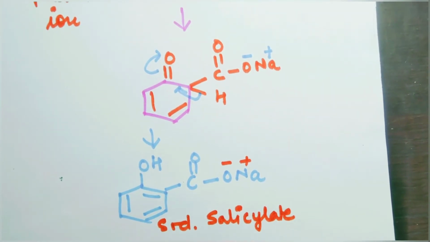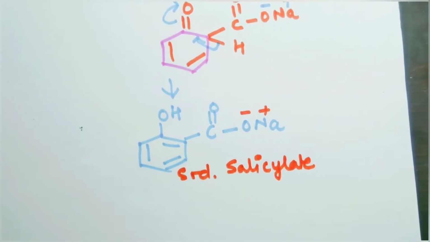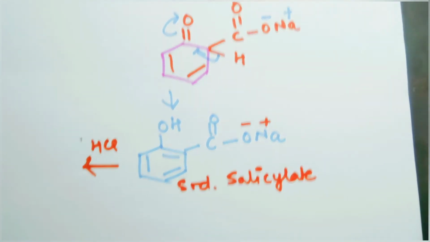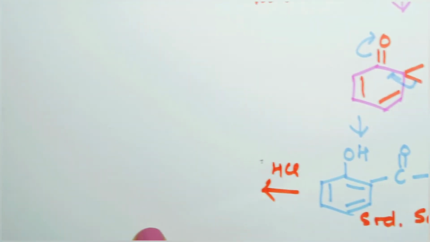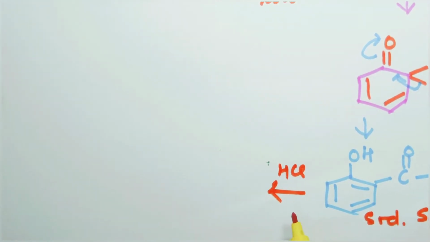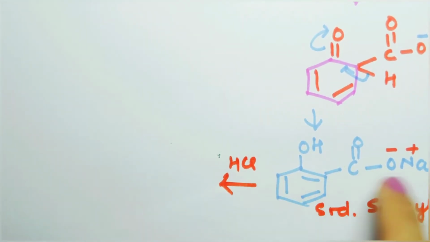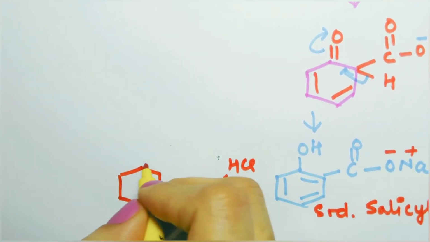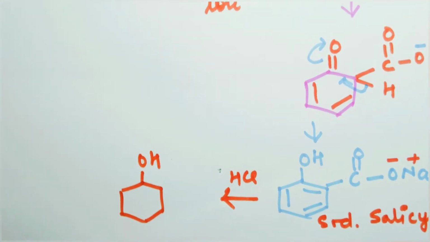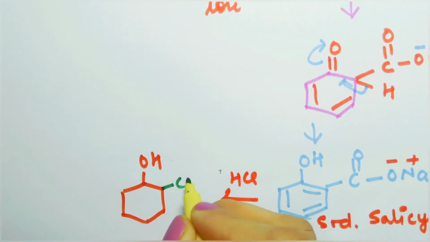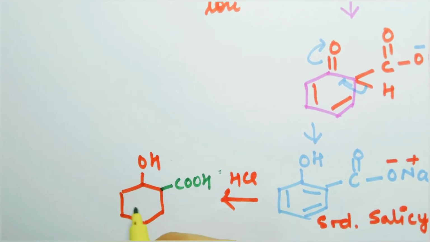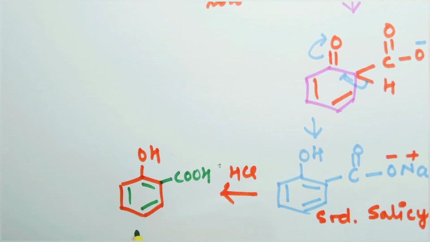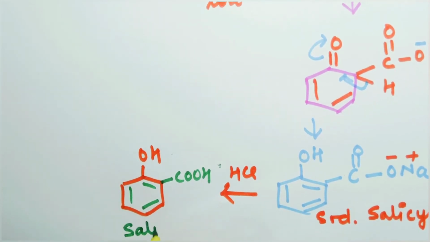After formation of sodium salicylate, on reaction with HCl, what is it forming? Here we are having ONa, NaCl will be removed, released as a byproduct, and here we are having COOH and the 3 bonds of benzene. This is your salicylic acid.